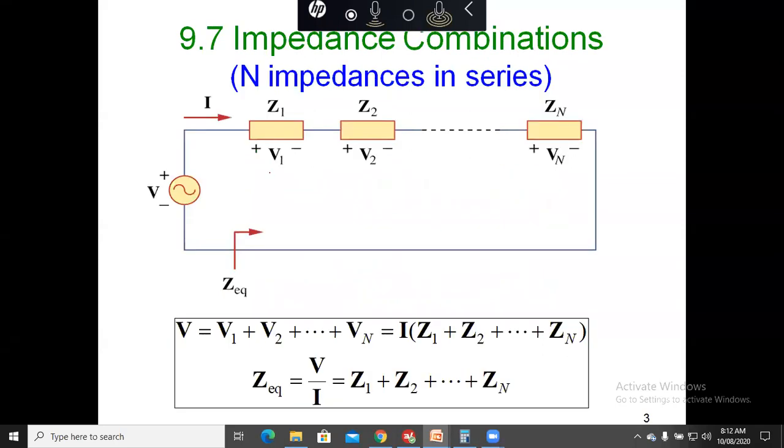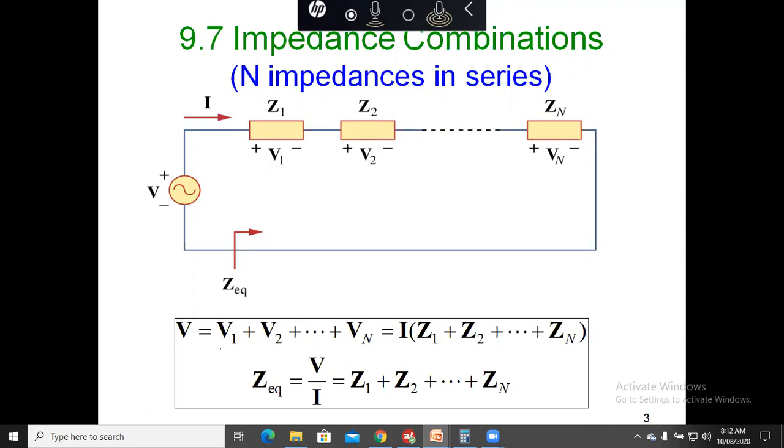First we see Kirchhoff's voltage law. The phasor voltage applied in the circuit is divided across n networks or n impedances. The drops are V1, V2, up to Vn, and the sum of all of these is equal to the applied voltage.